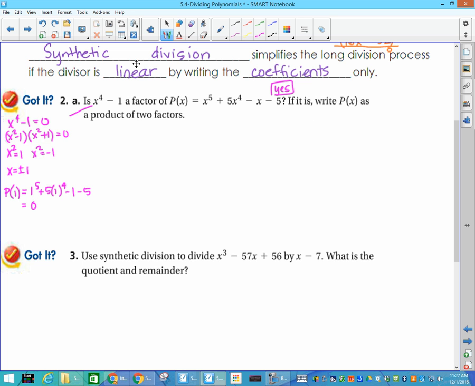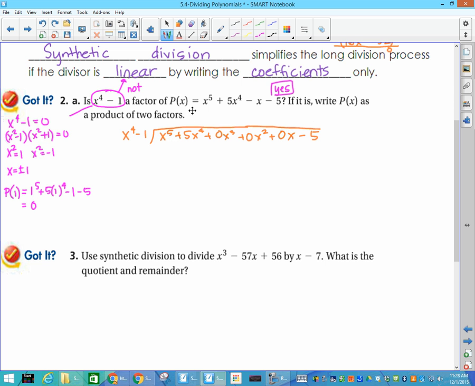So can I use synthetic division? I cannot, because this divisor is not linear. So I have to do it the long way. That means I have to do x to the 4th minus 1 into x to the 5th plus 5x to the 4th plus 0x cubed plus 0x squared minus x plus 0x minus 5.